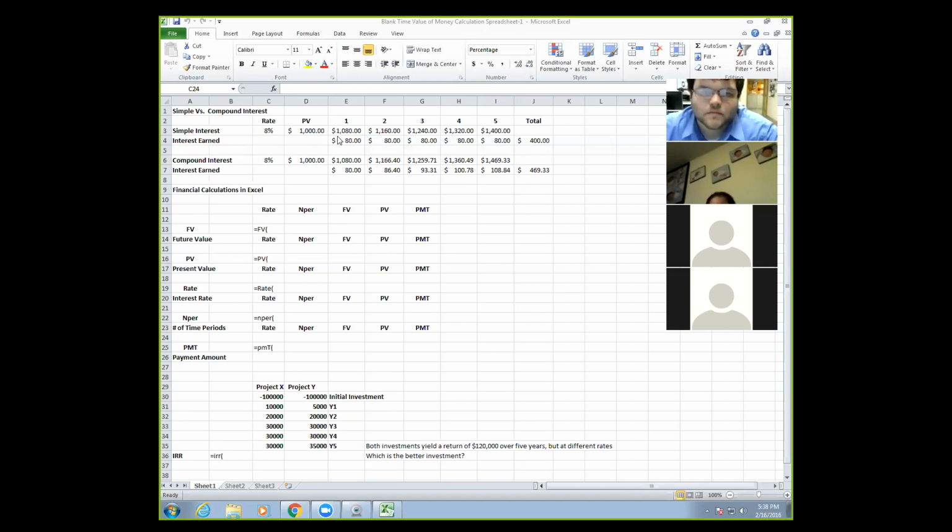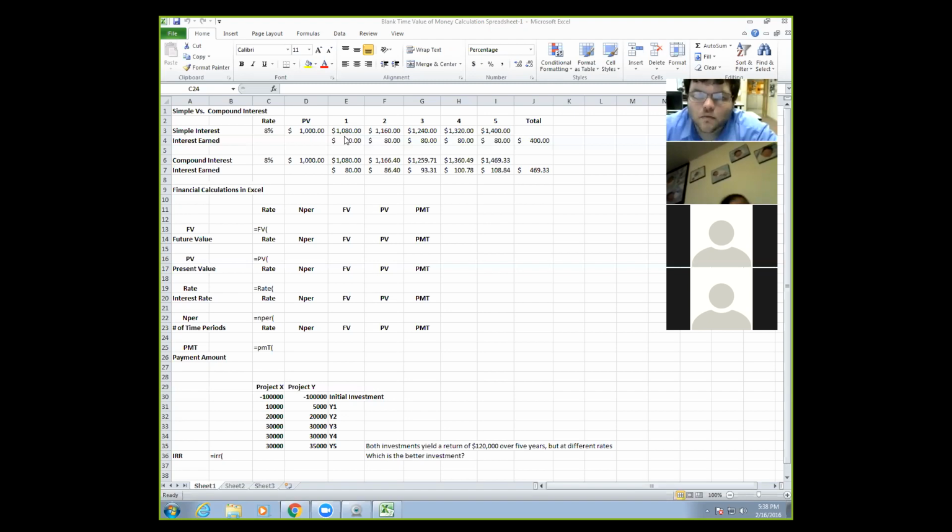Then every year you leave it in there, you earn 8% on this total, $1,000. After year 1, and 1, 2, 3, 4, and 5 represent the number of years or time periods, you would earn $80. That's 8% of $1,000. So at the end of a year, you'd have $1,080 in there.